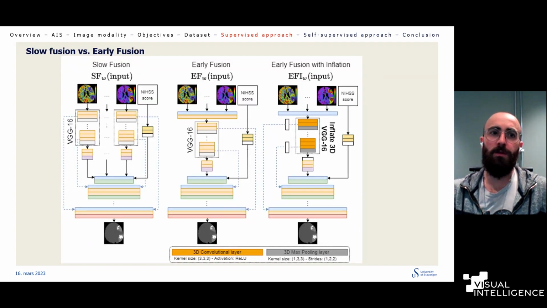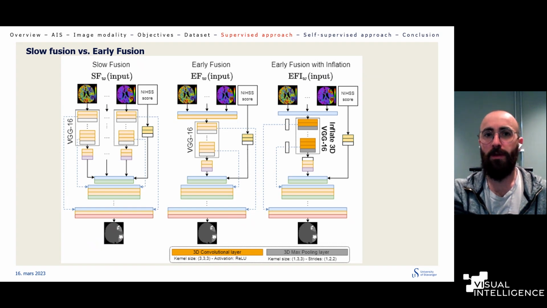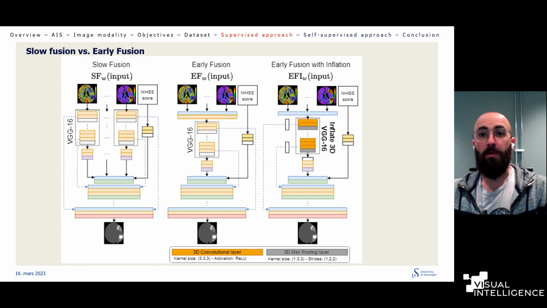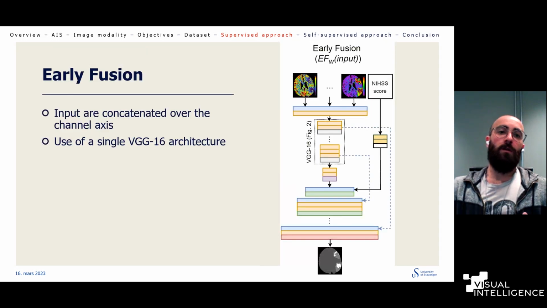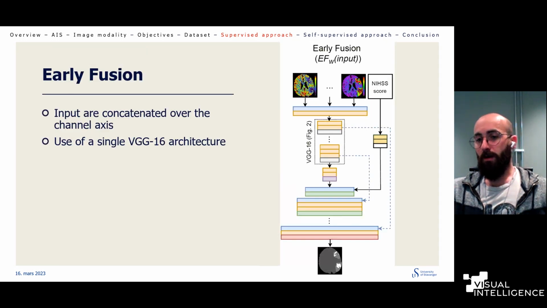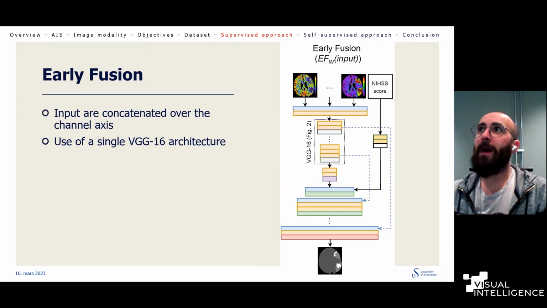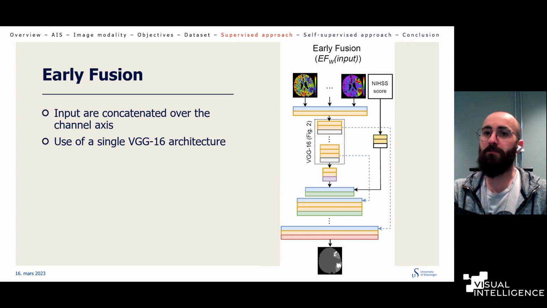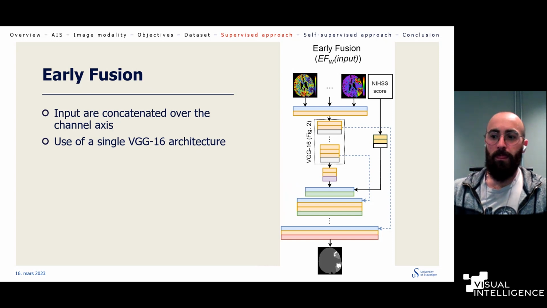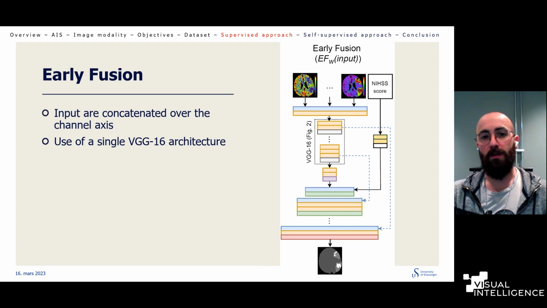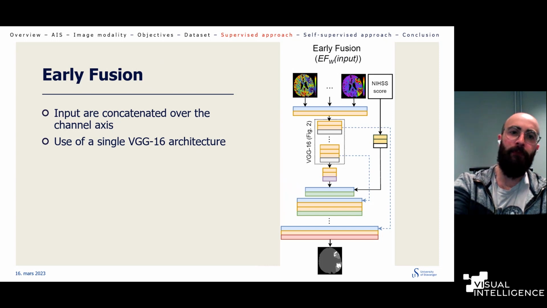We also compared our slow fusion approach on the left with early fusion approaches, where the structure is the same, but the set of parametric maps is concatenated over the channel axis. So instead of using 4 or 5 VGG16 architectures, we only use a single VGG architecture that takes in as input these concatenated parametric maps.